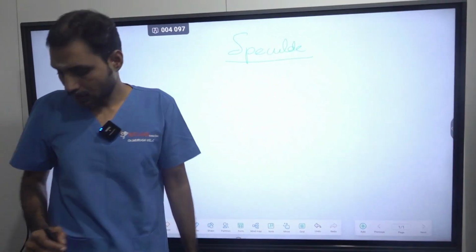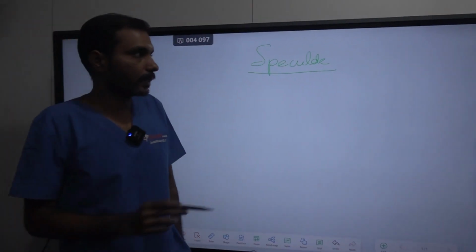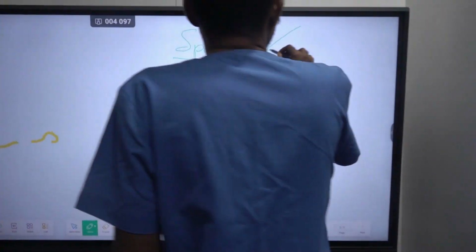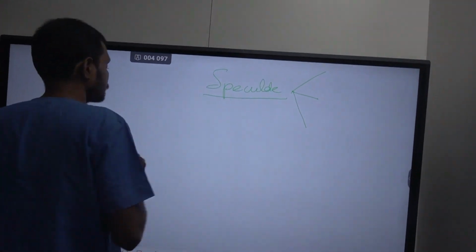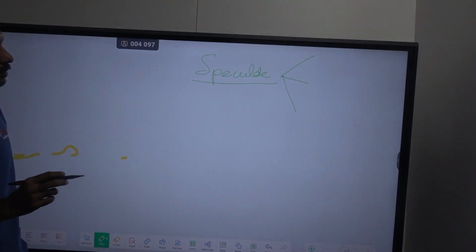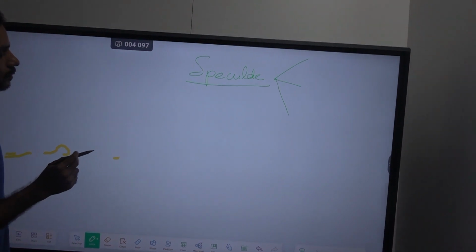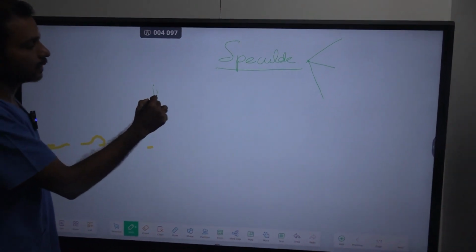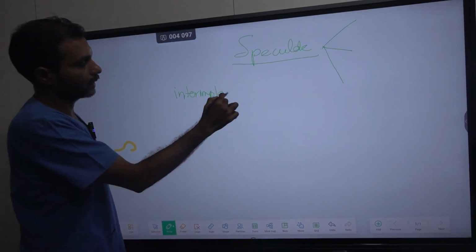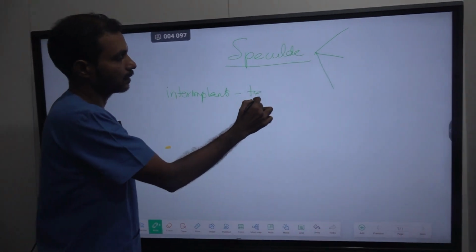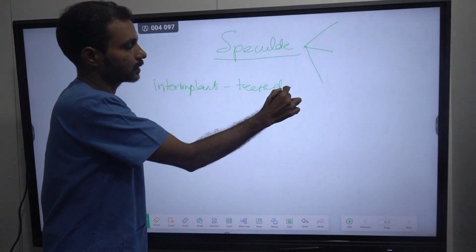So what are the reasons? There are three kinds of reasons we can see. One is the inter-implant, teeth distance.